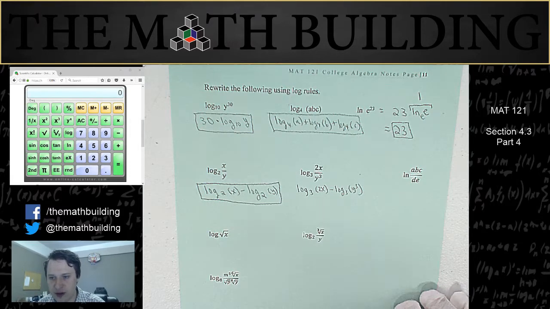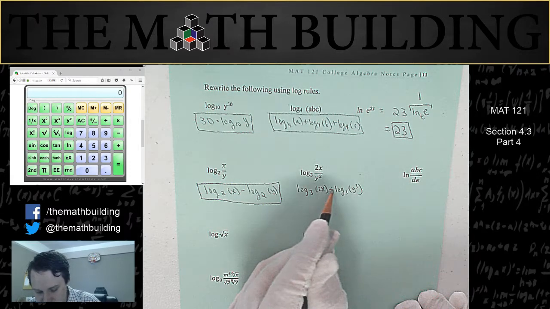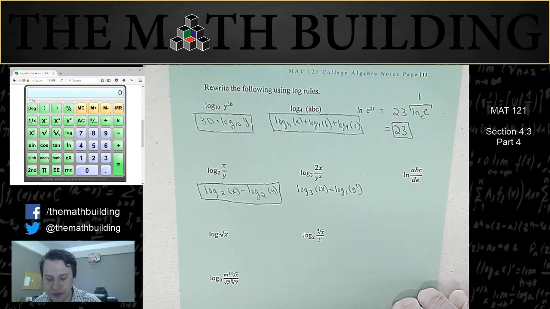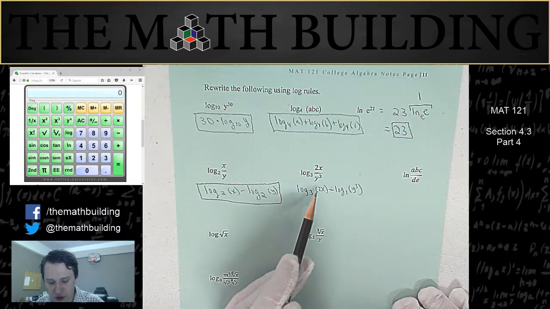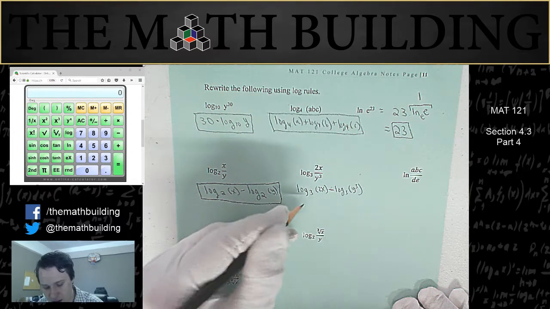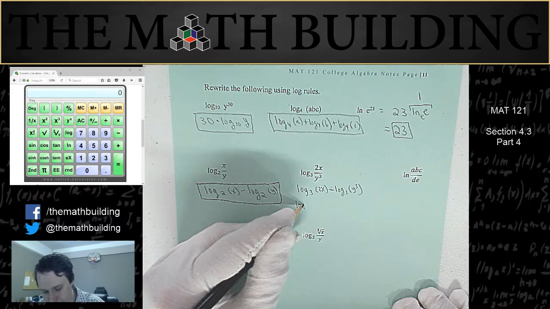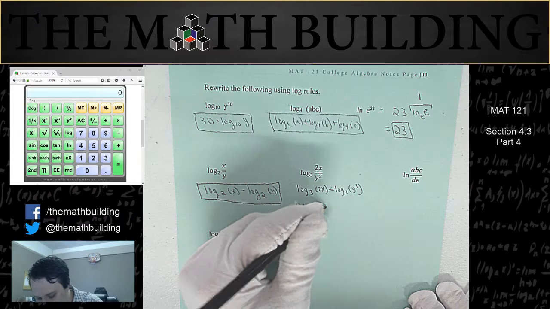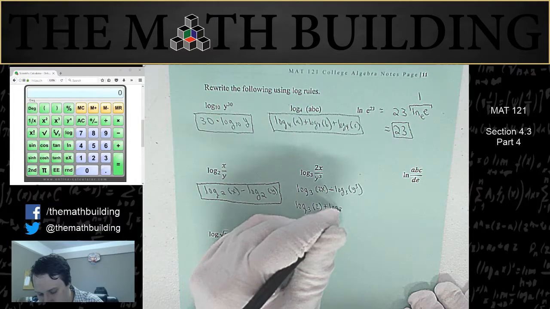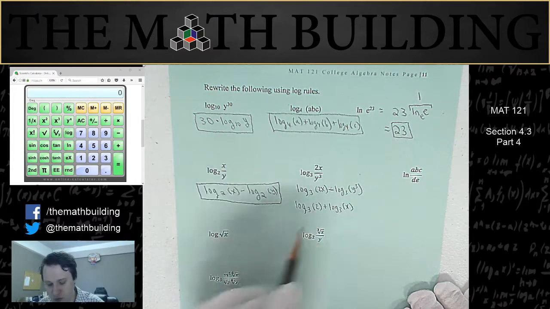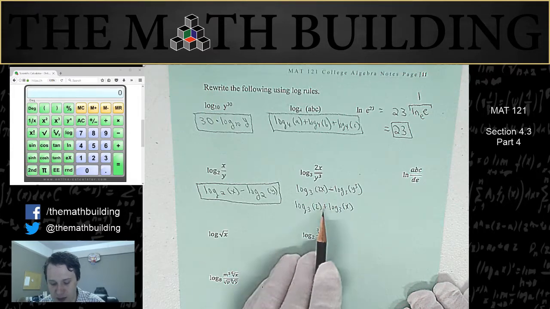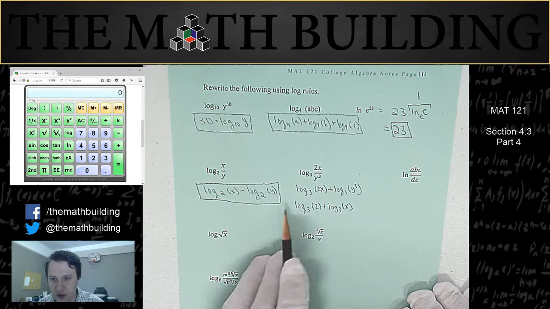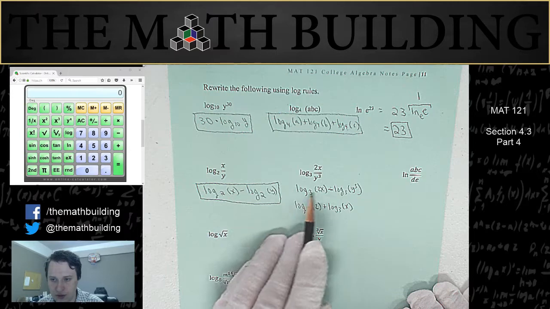That's the first thing we can do because of the fraction: subtract the two logs. Now we can go further, because this is 2 times x, so you could write this as log base 3 of 2 plus log base 3 of x. Because remember, 2 times x, if it's multiplying, then it's a plus.